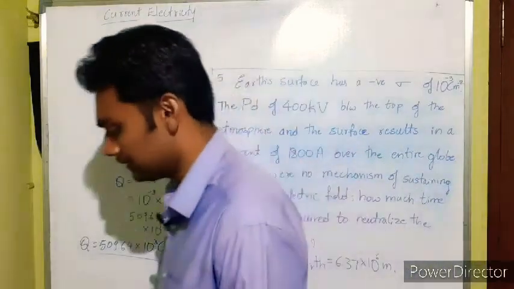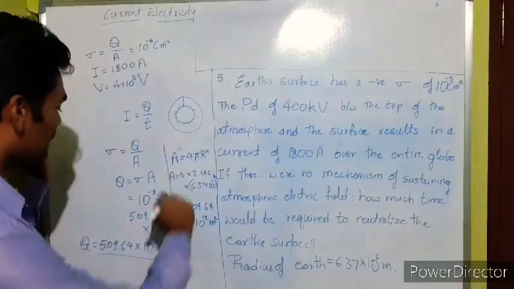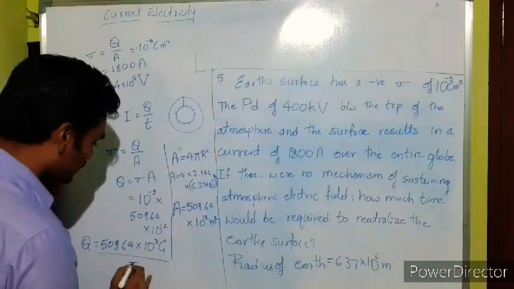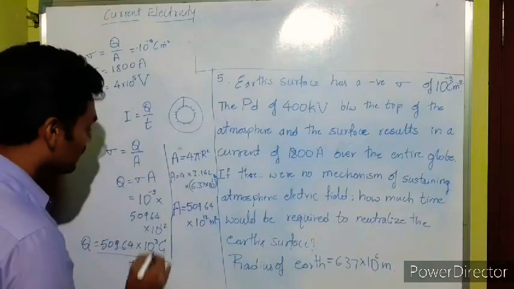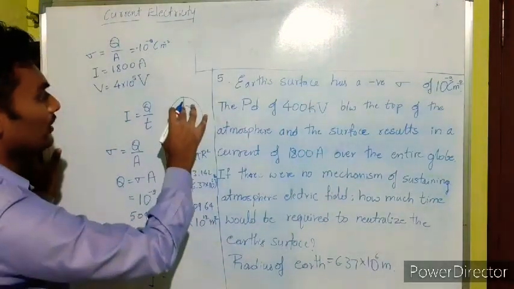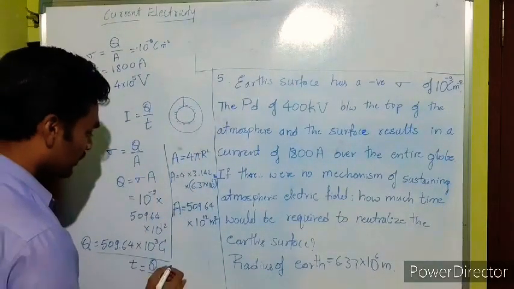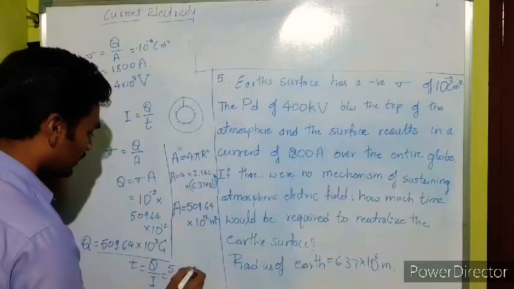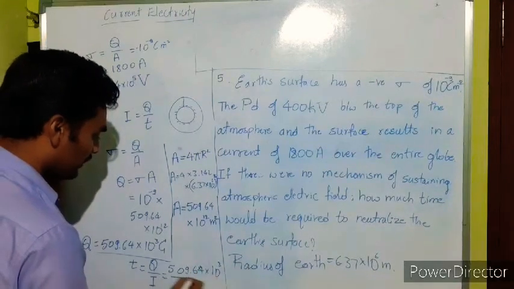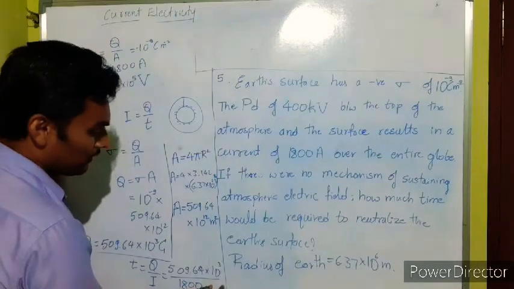So in what time will the earth become neutralized? In what time will the earth lose this entire charge? Very simple. I is equal to Q by T. So T becomes equal to Q by I, because the current, the rate of movement of charge, is given. T is equal to Q by I. Q is 509.64 into 10 to the power of 3 divided by the current, 1800 ampere.